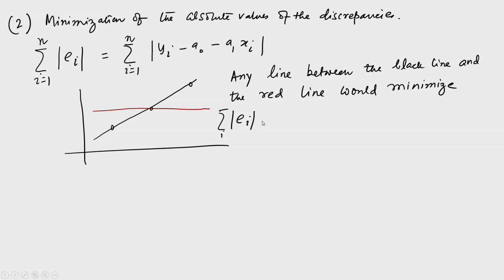Okay. So, clearly the red line is not a good fit to the data that is given there. So, a more accurate and possibly the only method that would do the job that we are looking for, the third one, is to minimize the sum of the squares.